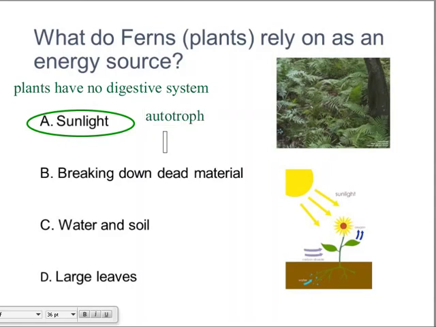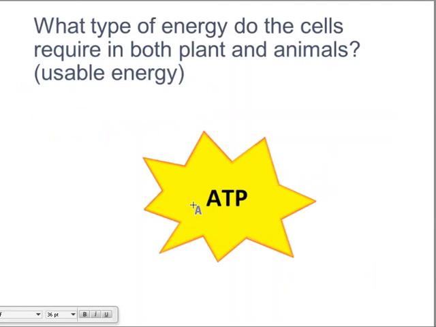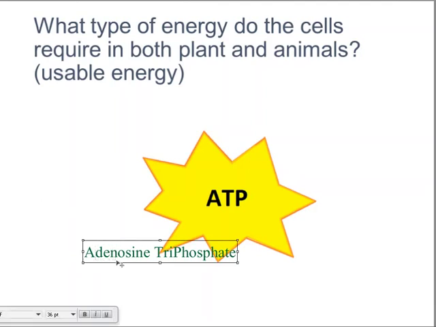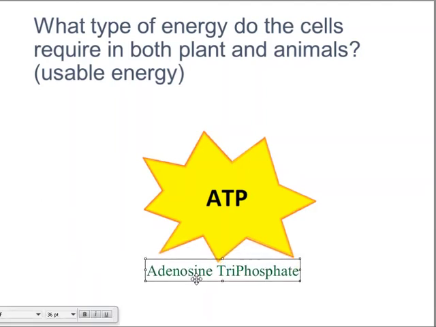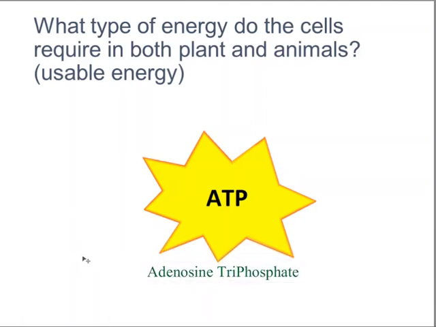Bingo. All right, so the type of energy that cells require in both plants and animals is called ATP. And if you felt like spelling that out, it's adenosine triphosphate. And I will link a video if you don't remember that at all. I'll link another video in the content that discusses how that's formed.